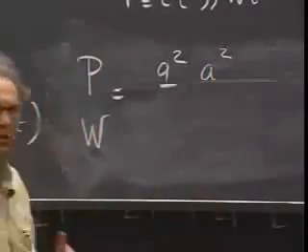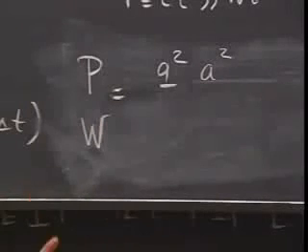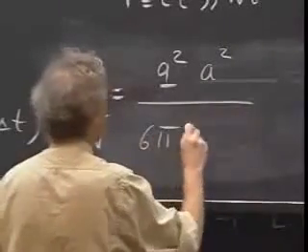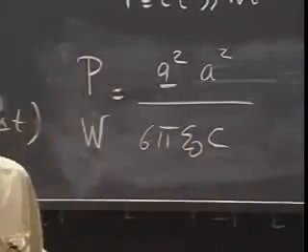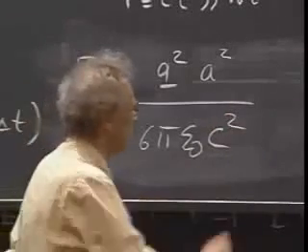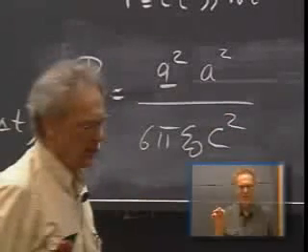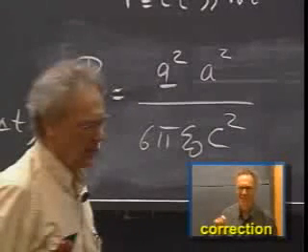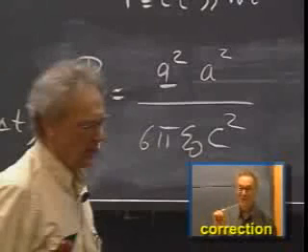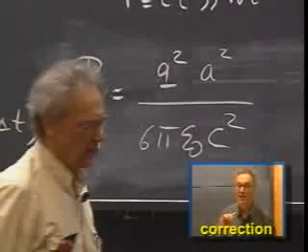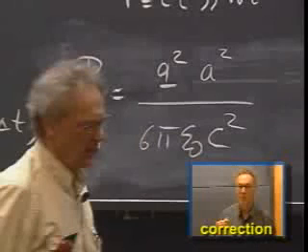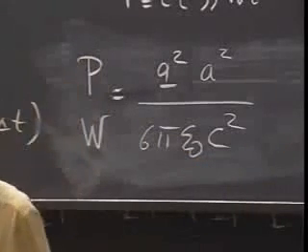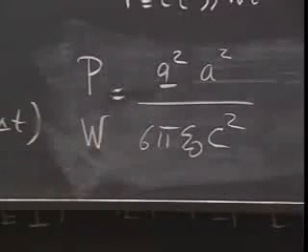You get an A squared here, no surprise, because the A is in the B and the A is in the E, and then you get this divided by 6 pi epsilon 0, and I think it is C to the power 2, yeah. Uh-oh. Did you see my hesitation? I finally arrived at C squared, but it really is C to the power 3. So the downstairs is not C squared, but is C to the power 3. Sorry for that. And so this is the famous Larmor result.